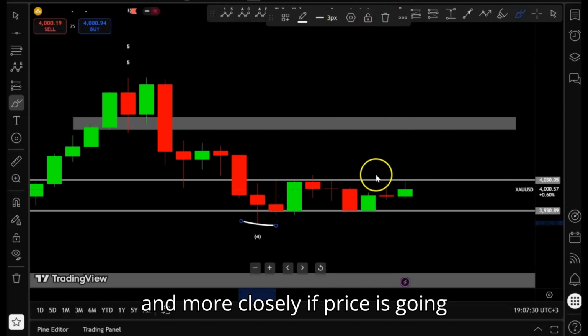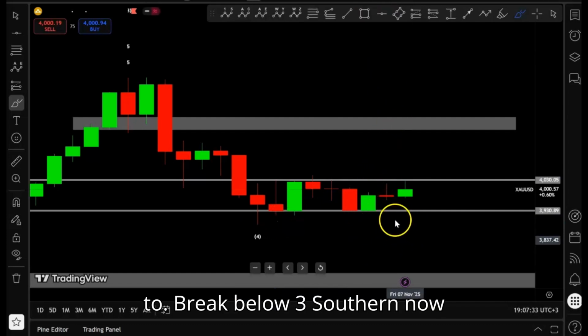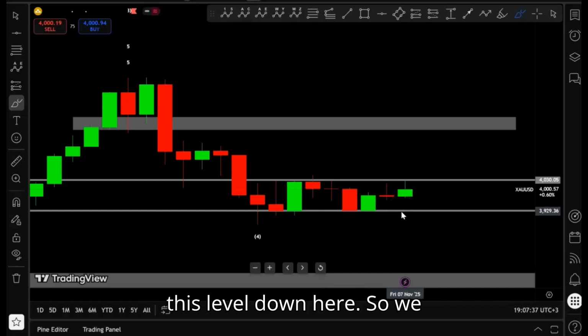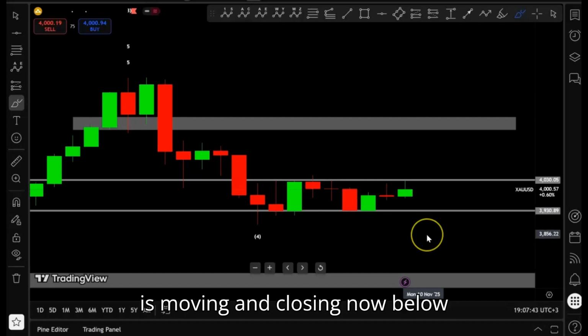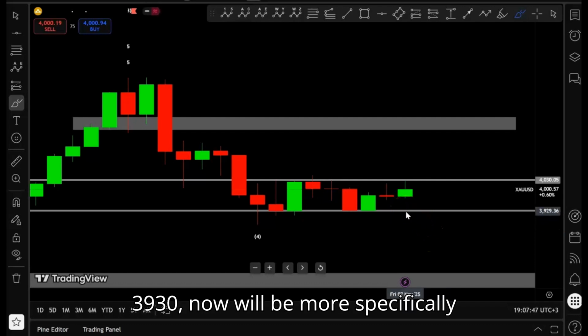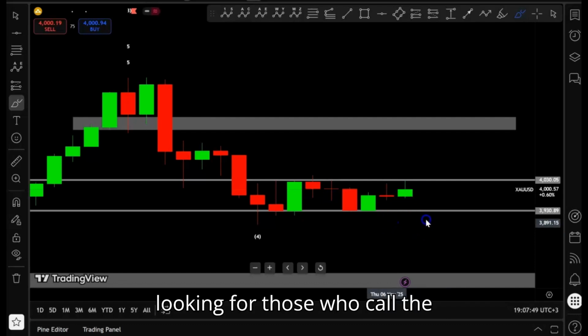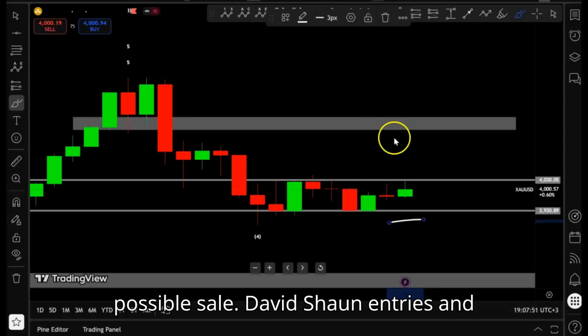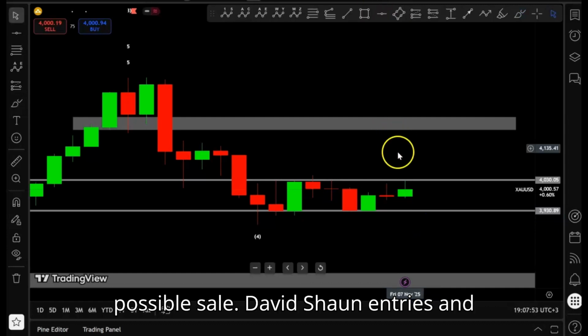And more closely, if price is going to break below 3,930, this level down here, we may start considering sell opportunities. If we see price moving and closing below 3,930, we'll be more specific and look for the possible sell direction entries.